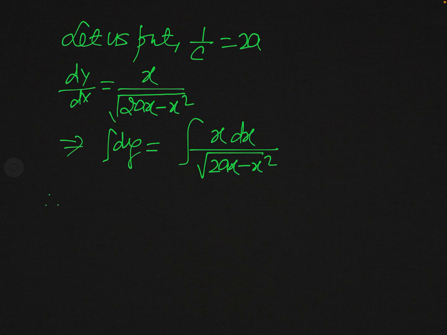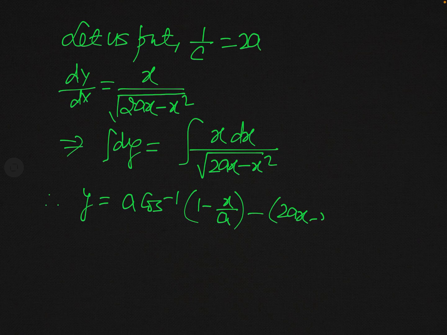So you can see this will be y equal to a cos inverse of 1 minus x over a, minus the square root of 2ax minus x square, that is, 2ax minus x square whole to the power half, plus another constant, let us say c prime. So this c prime is another integration constant.